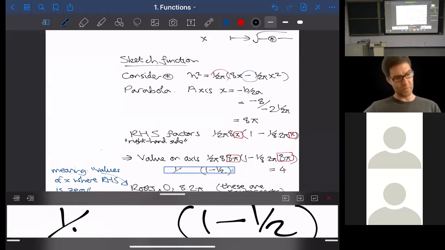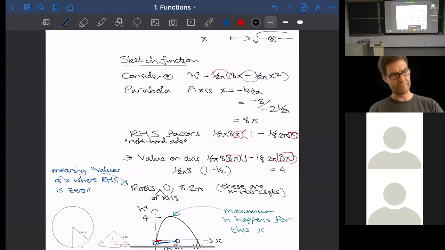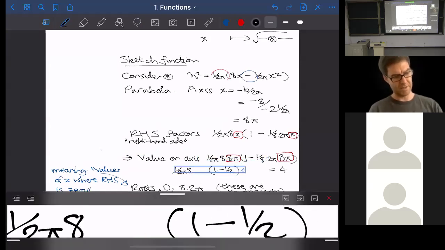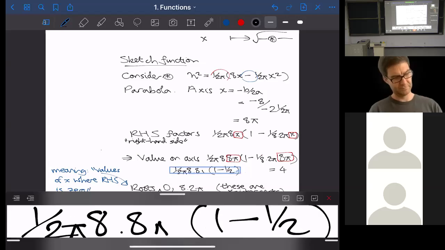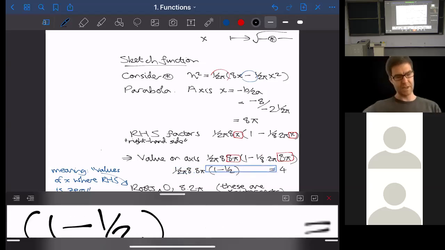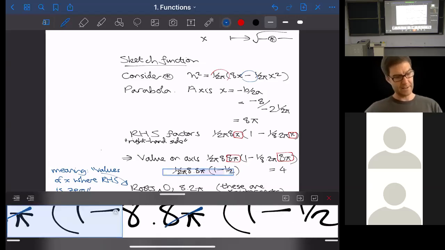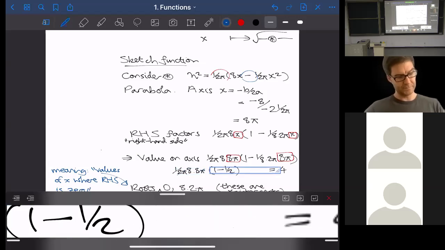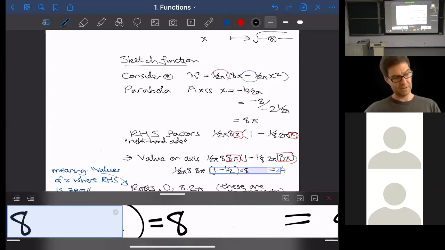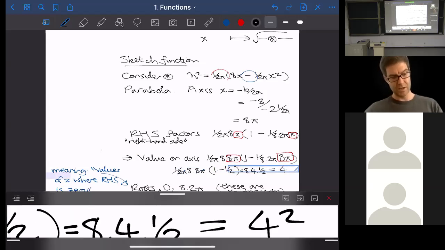And we get 1 over 2 pi times 8 times 8 pi. So these cancel, and we get a 4. So the result is 8 times 4 times a half, which is 4 squared.